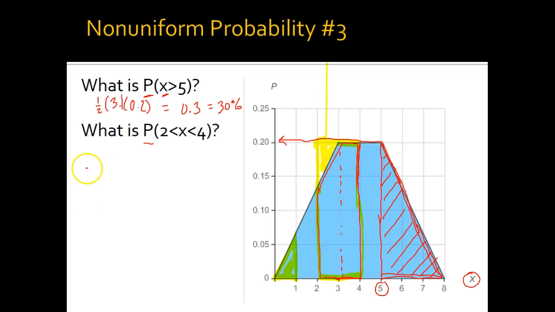So that's going to be the rectangle is 2 spaces wide times the height is 0.2, and then we're going to subtract the area of the triangle, which is 1/2 times the base, which is 1 space wide, and then the height.